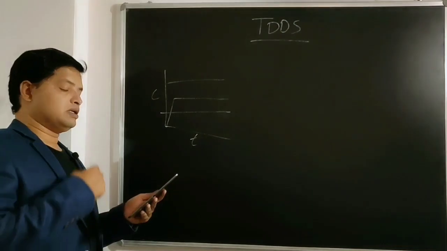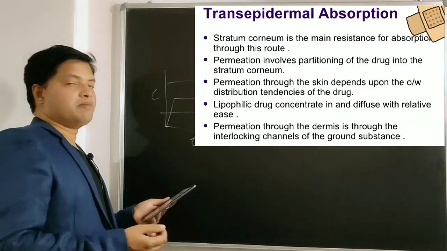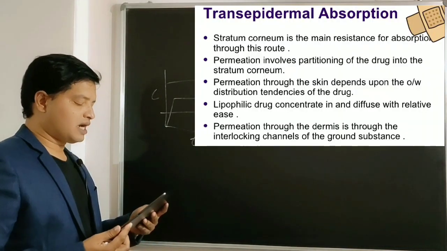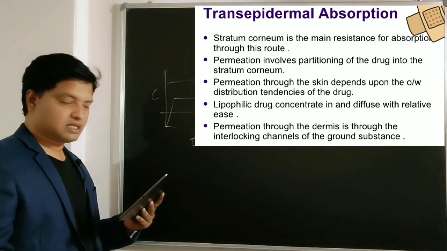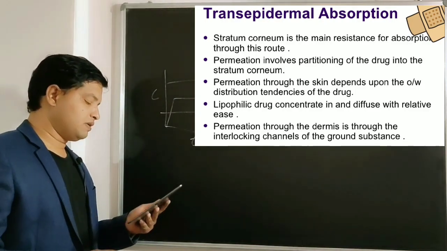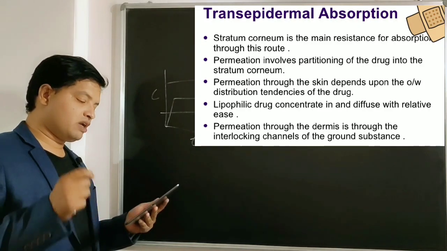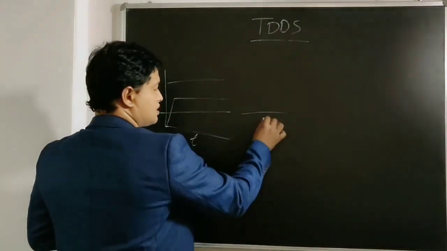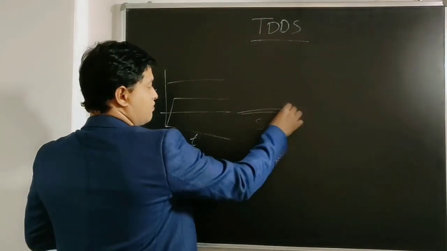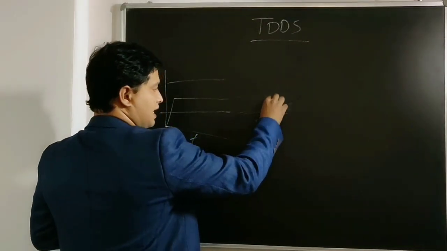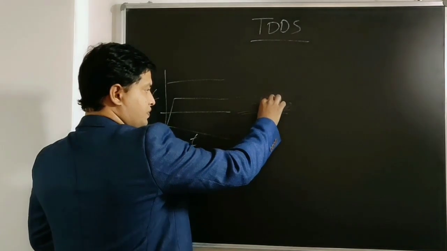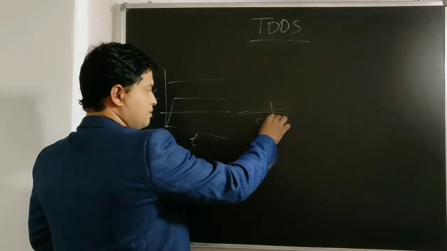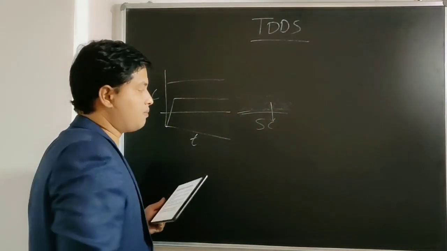Next we have transepidermal absorption. Stratum corneum is the main resistance for transepidermal absorption. Permeation involves partitioning of the drug into the stratum corneum. So what happens, you have a stratum corneum here, we are applying our patch here. The drug has to permeate through the stratum corneum, that is your transepidermal permeation.